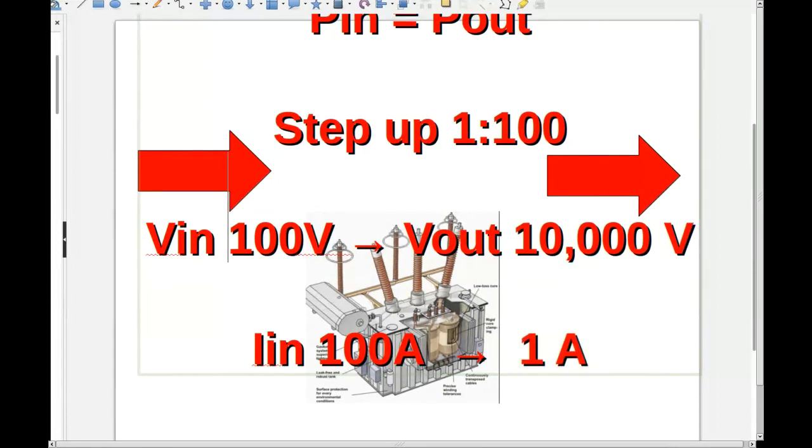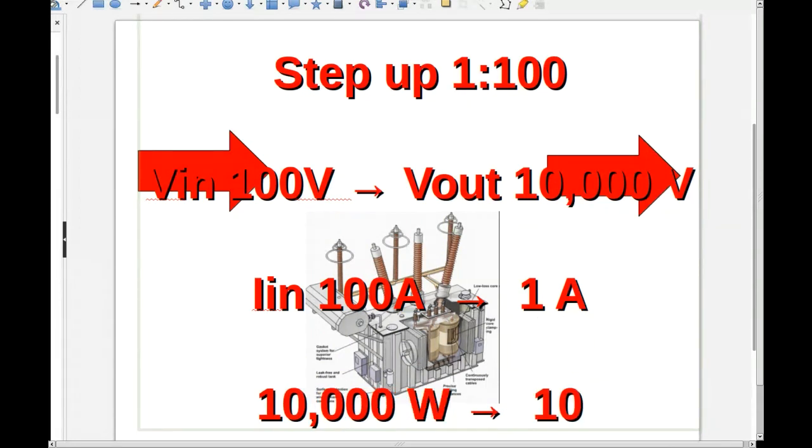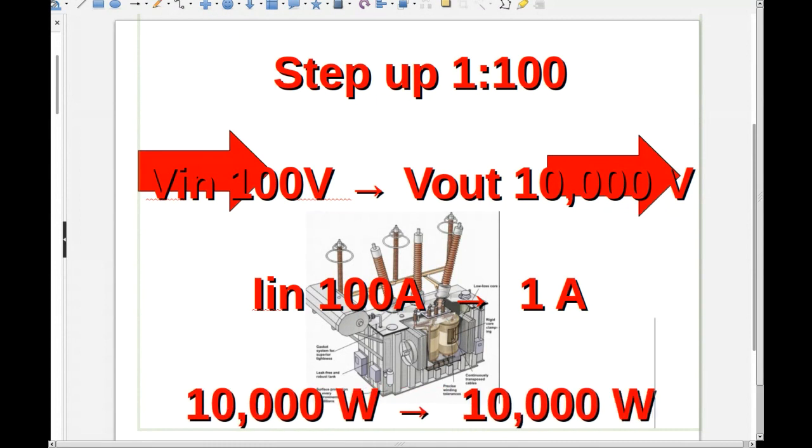On the left-hand side, I've got 100 times 100, which gives me 10,000. And on the right-hand side, it should be watts. So 10,000 watts is equal to 10,000 watts.